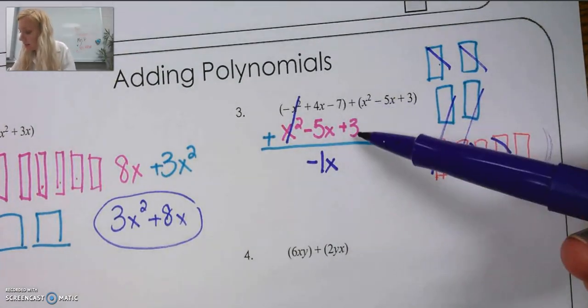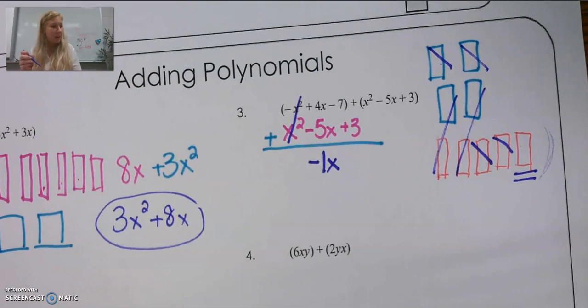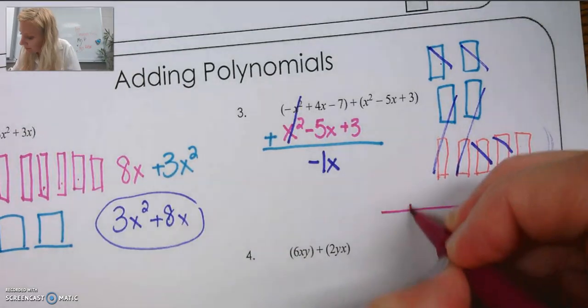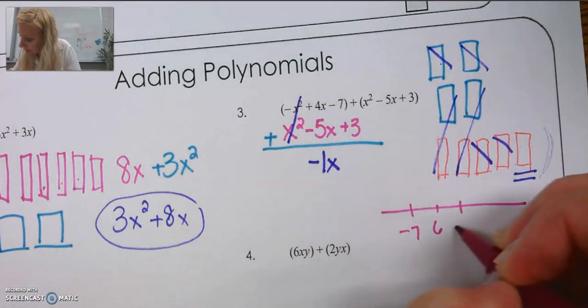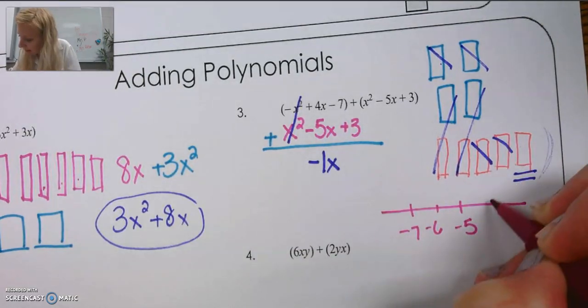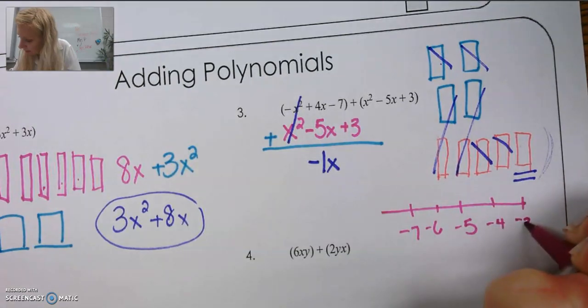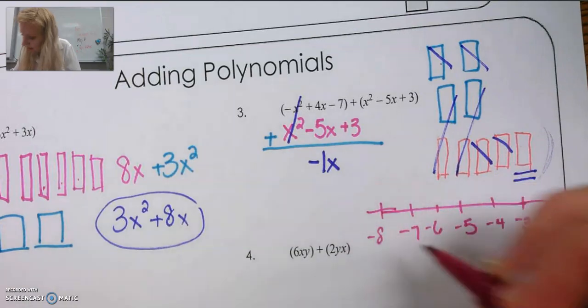Now let's take negative 7 and positive 3. I'm going to show you another way, just in case the algebra tiles don't work for you. If we think of a number line, so if I start off at negative 7 on a number line, negative 7, negative 6, negative 5, negative 4, negative 3, negative 2, and this would be negative 8 in this direction.